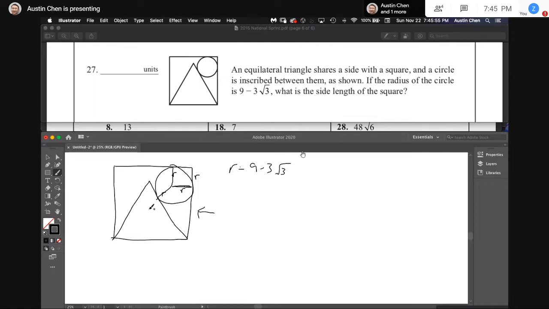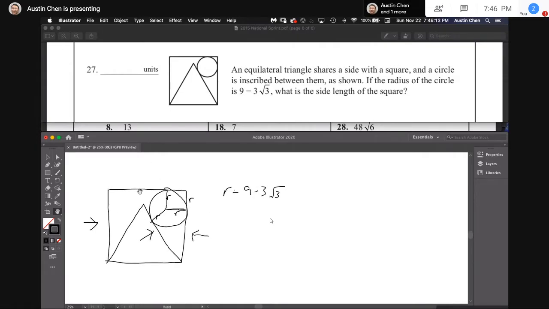We could try to find the side length of the triangle, because the triangle shares a side with the square and it's an equilateral triangle. So then this length will just be the side length of the square. You can also try to find this length right here, and this will also be the radius. So we can just find this one. All right.